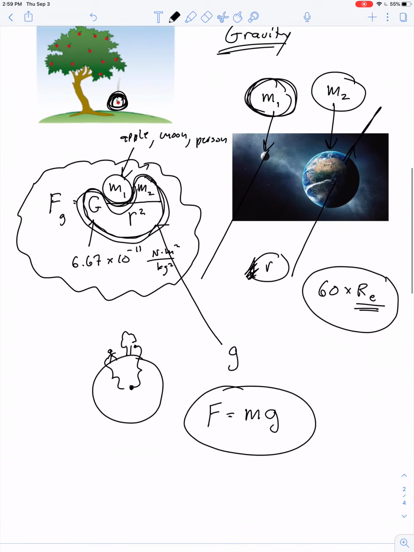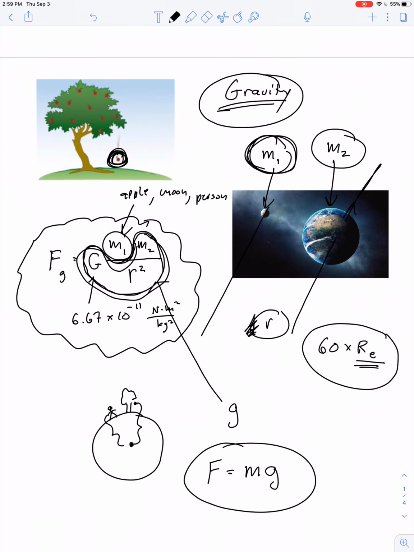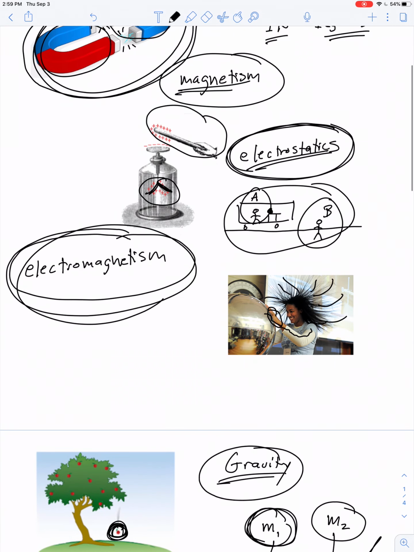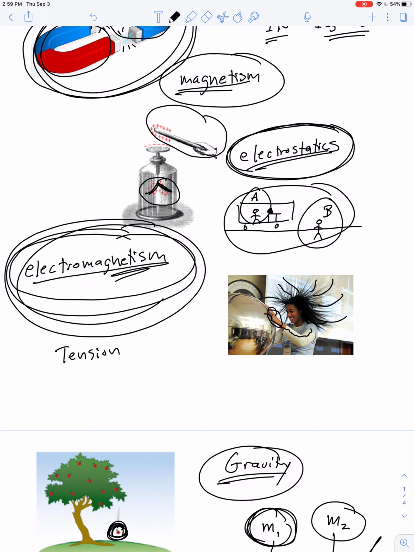Our emphasis will be on gravity when we talk about force, and almost all the forces that we encounter are actually electromagnetic in nature. And that includes the tension in a rope, which is really a manifestation of the electromagnetic fundamental force. Friction is also a form of the electromagnetic force.